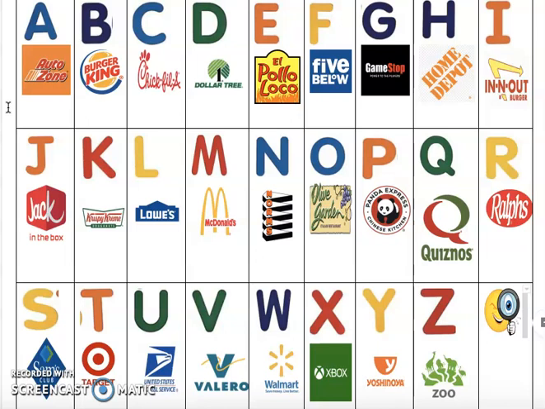So for example, they can bring a cutout of their favorite cereal brand, and they would share it with the class, and again, I would do that process of, well, for example, Fruit Loops starts with the letter F, and then we'll do the letter sound, and I would place it in our bulletin board.